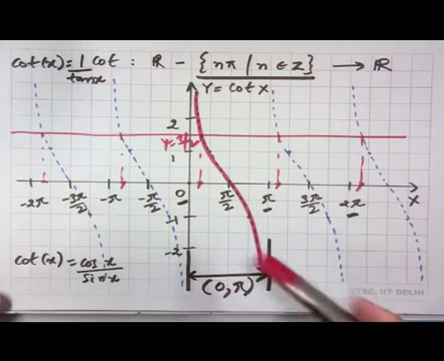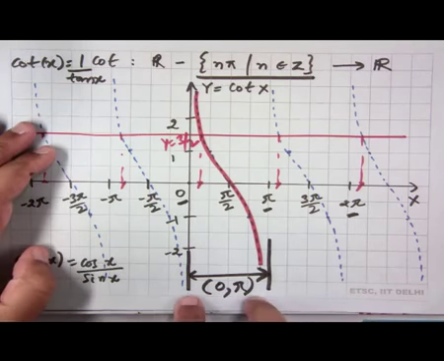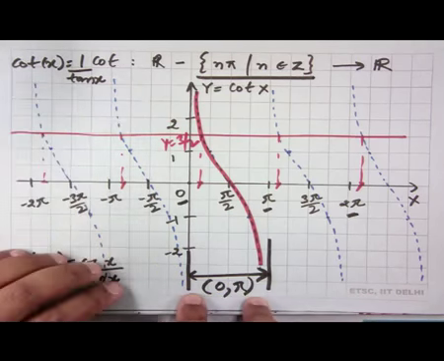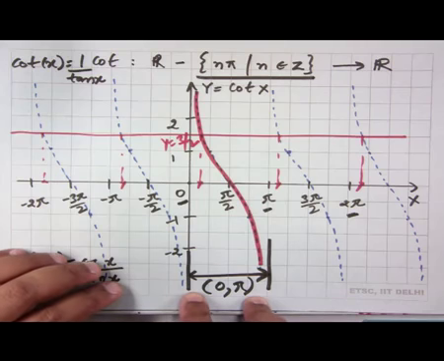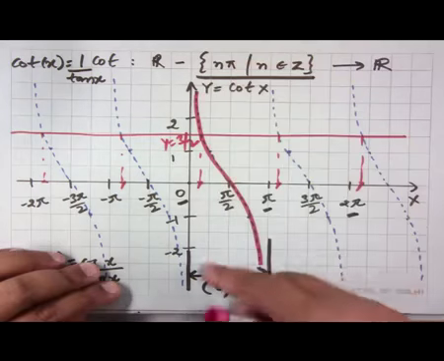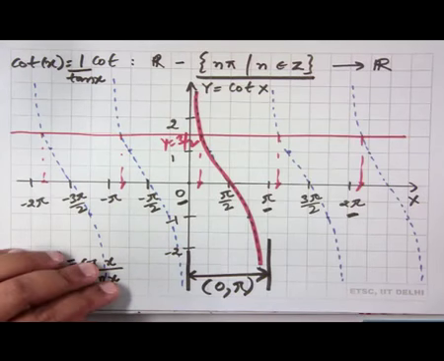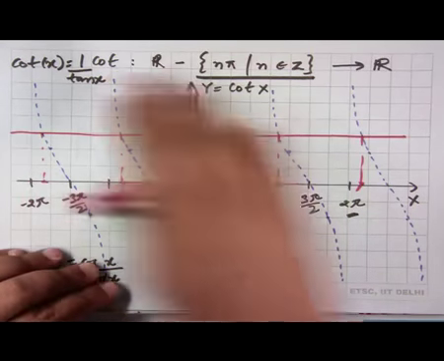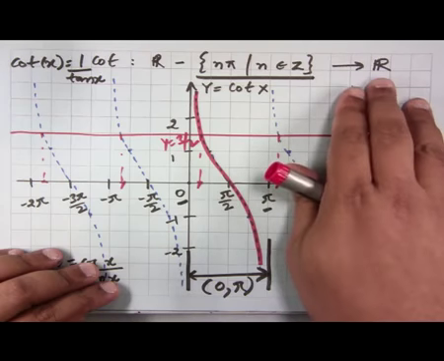It is very easy to see now that even after restricting the domain of the cot function to the open interval 0 to pi, the range is still from minus infinity to plus infinity. So the range of the cot function is still the set of all real numbers.